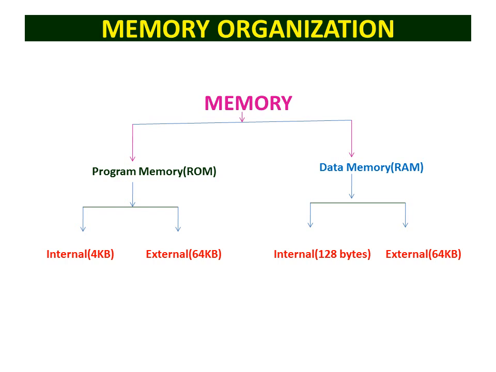Now check the memory sizes. The program memory ROM is given 4 KB. This is program memory ROM. It's divided into internal memory and external memory. Actually this external memory is not there.